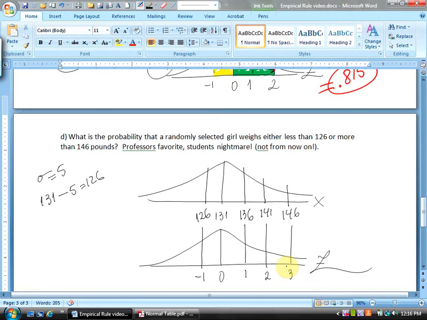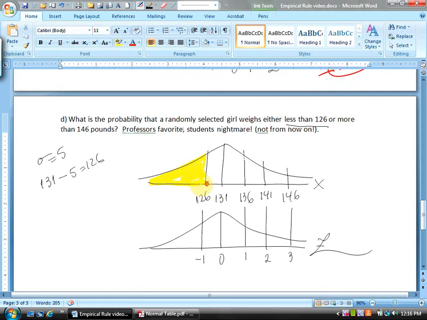Now note, we want the probability that a randomly selected girl weighs less. So let me shade the last part, then 126. We want this, weighs less, or more. So when we say or, we are adding, okay?